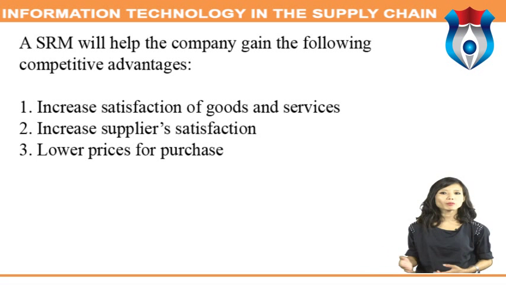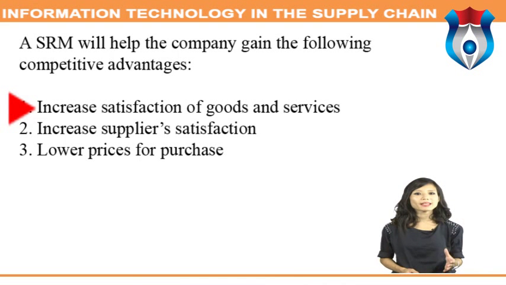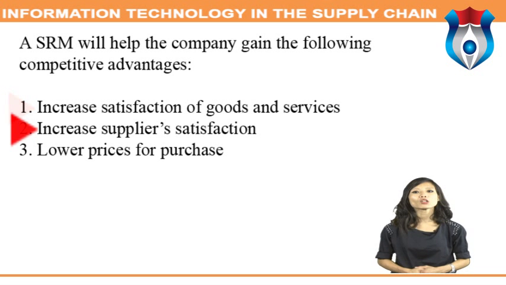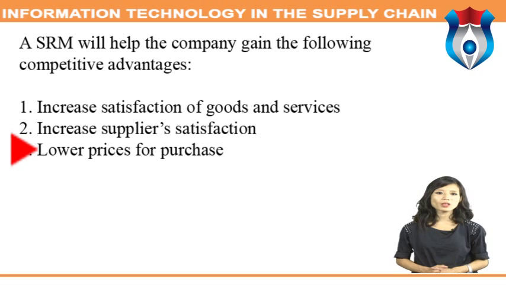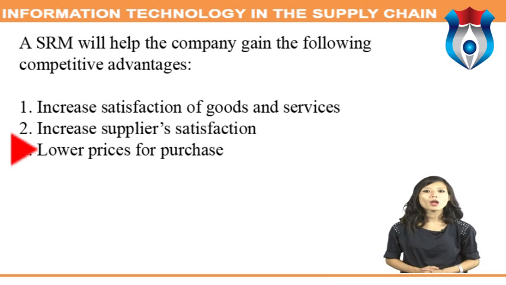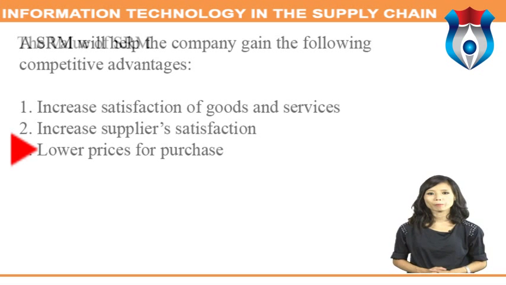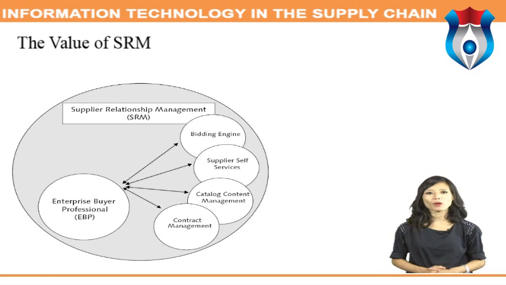SRM will therefore help the company gain the following competitive advantages: increase satisfaction of goods and services purchased and speed up product development by promoting a shared knowledge of suppliers and alternative technologies, increase supplier satisfaction to attract and retain the most competitive ones, lower prices for purchase and maintenance of goods and services by improving business processes across the supply chain.